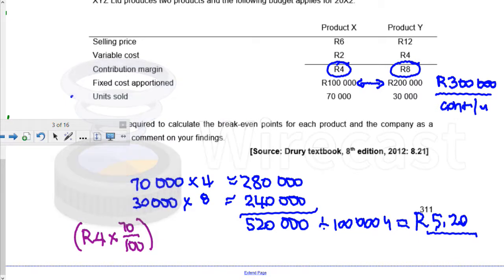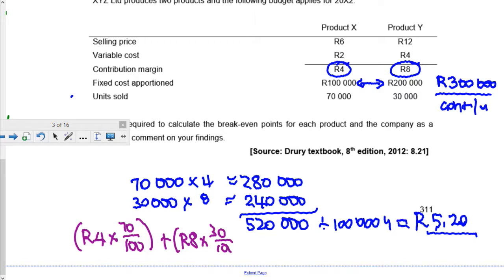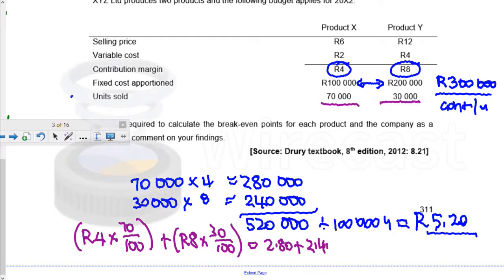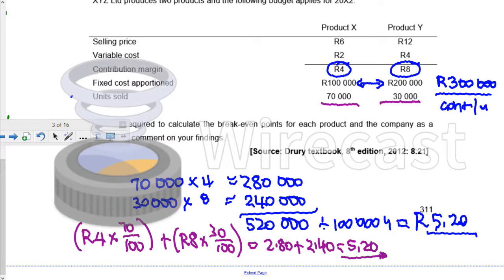Yeah, 70% of my units are product A. And product B, which is 8 Rand, weights 30 over 100. And all I've done is use these numbers: 70, 30, 100. If you do that calc, 70% of 4 is 2 Rand 80, and 30% of 8 is 2 Rand 40. You get 5 Rand 20. So that's also an easy way to do it.